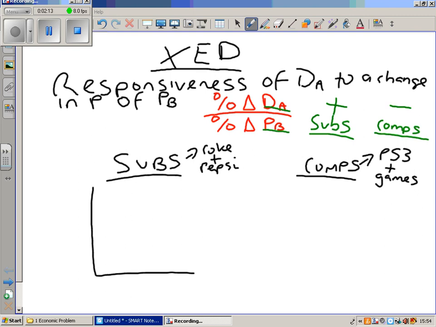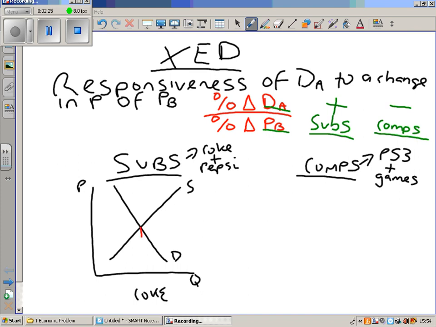Let's imagine I'm now drawing the market for Coke. So I've got the supply of Coke, and I've got the demand for Coke, and I've got an equilibrium point. What I want to know now is what will happen to the demand for Coke as the price of Pepsi increased.